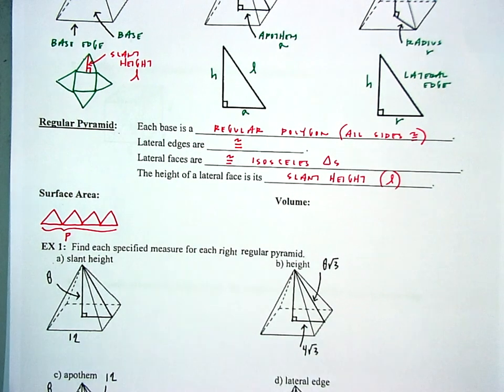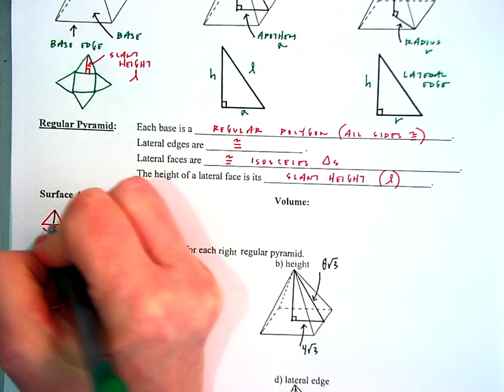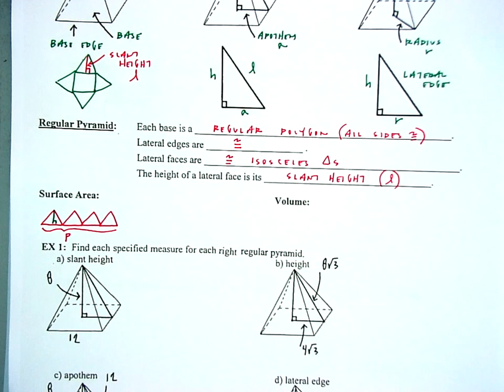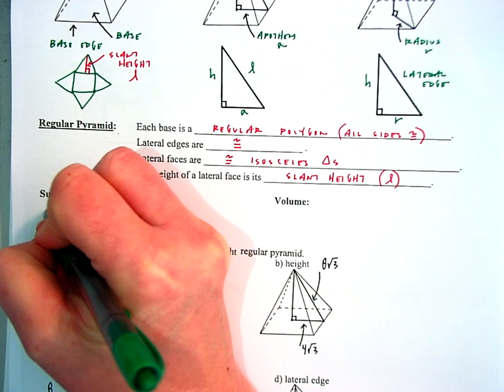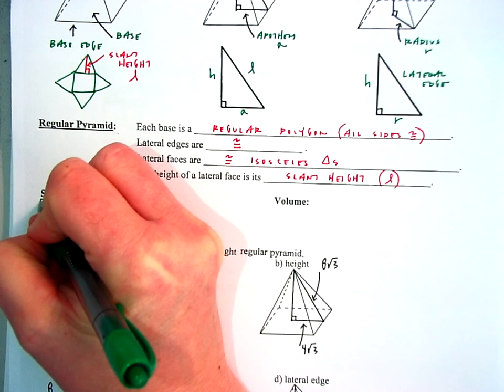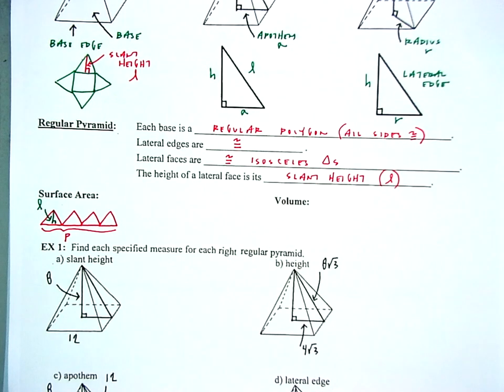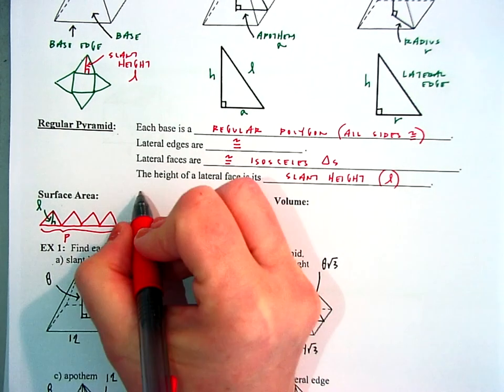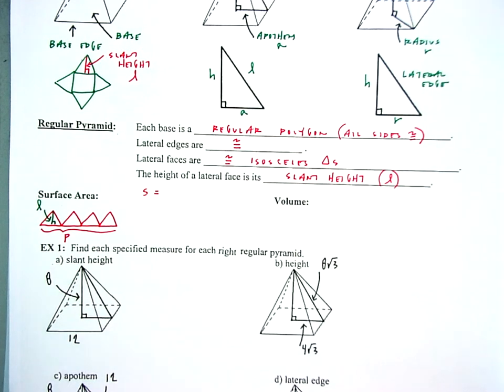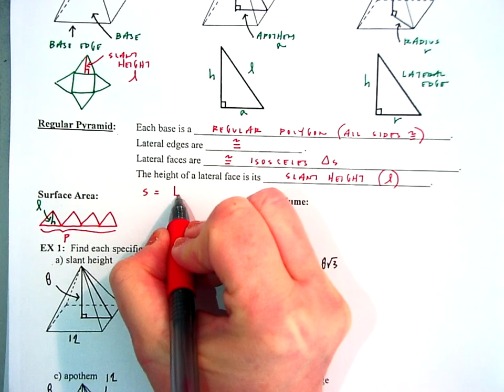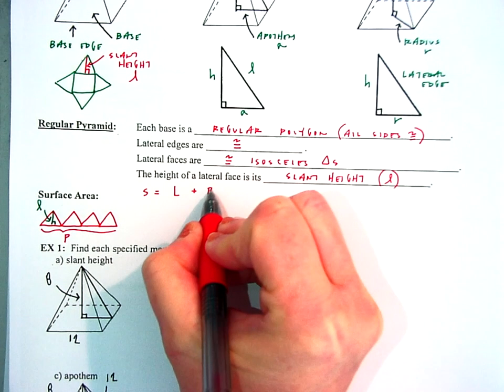And then here, if I draw in the height for one of those individual triangles, remember that that is our slant height. So when I'm running through my formula, I know that surface area, in general terms, is the lateral area plus 1 base area.